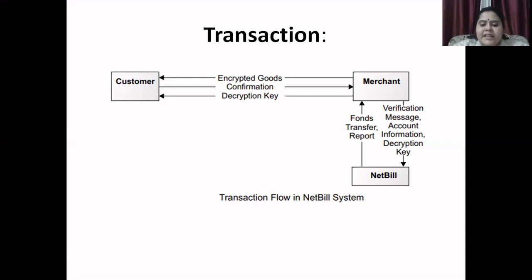The merchant then sends the customer the decryption key, which the software on the customer machine uses to decrypt the goods. In case the merchant server fails to deliver the decryption key, the software on the customer side can acquire the key from the NetBill server.